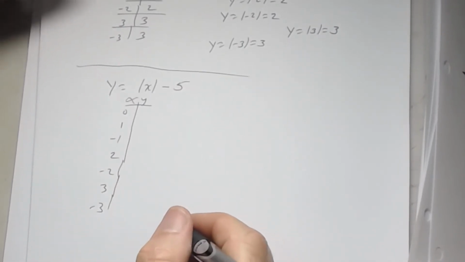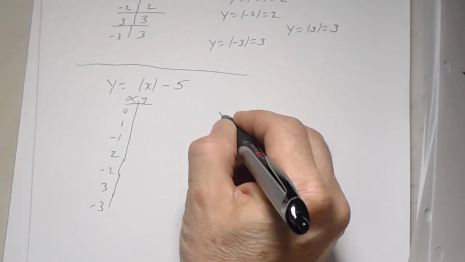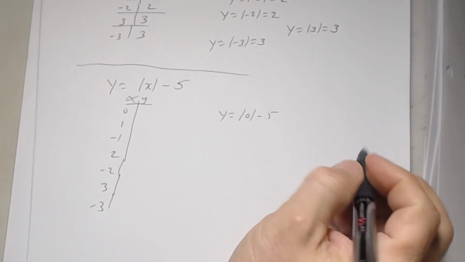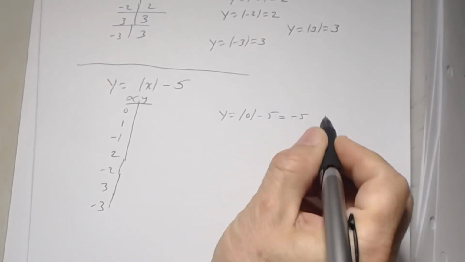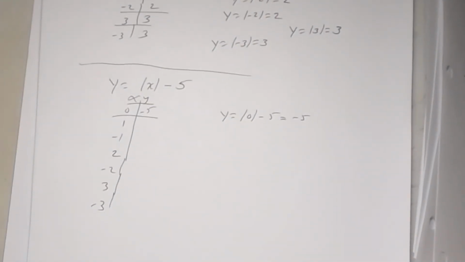Okay? All right, so here we go. y equals absolute value 0, subtract 5. Negative 5. Y'all agree? So I plot the point 0, negative 5. And just keep in mind that it's supposed to be moving down, and it is. So instead of the vertex being at the origin, it's now at 0, negative 5.